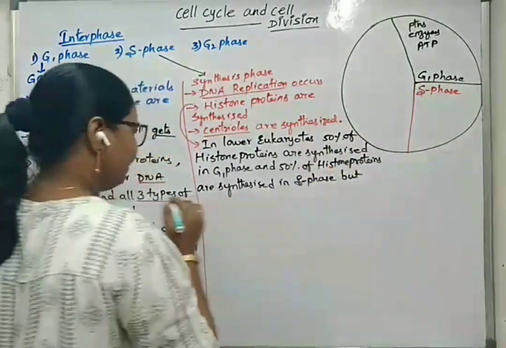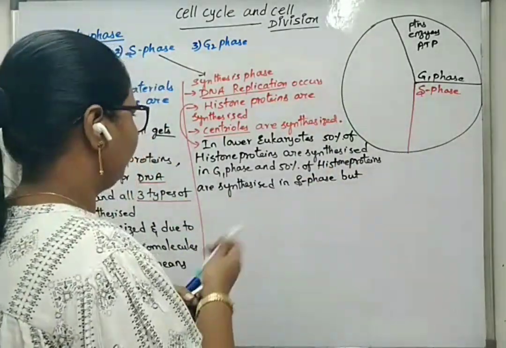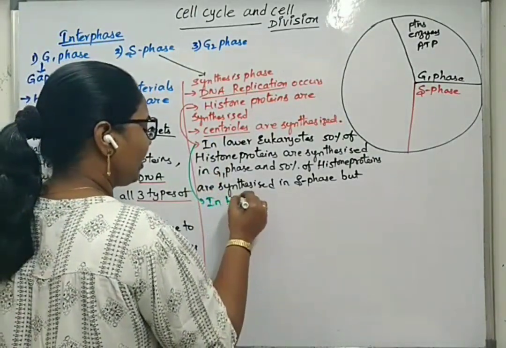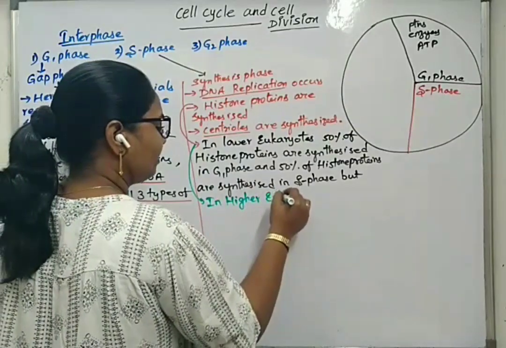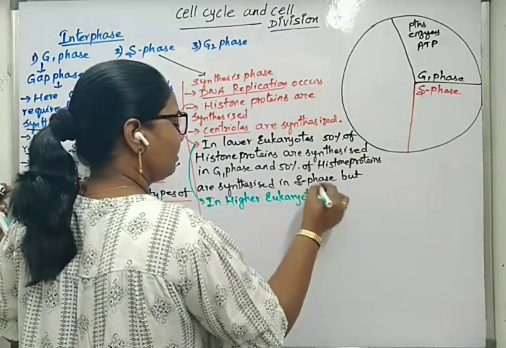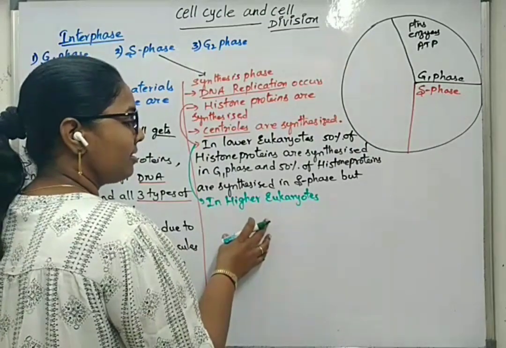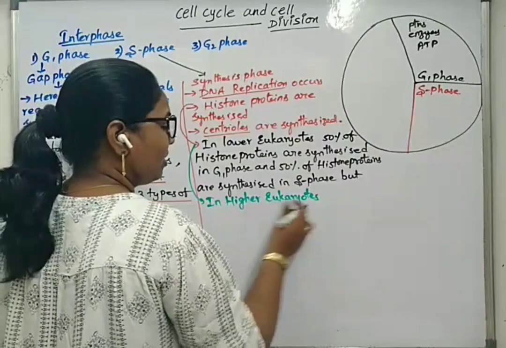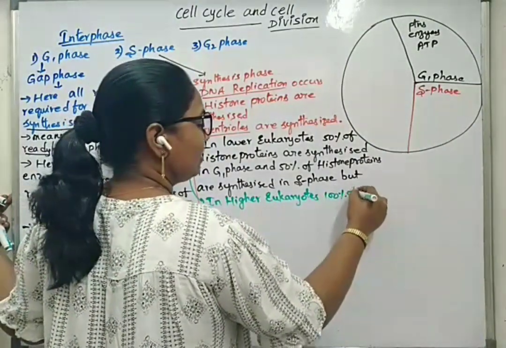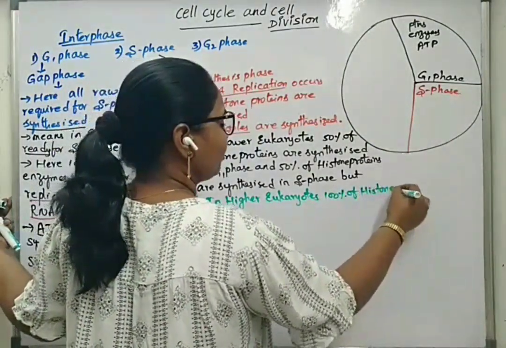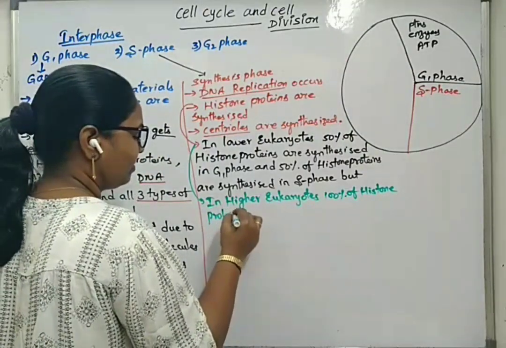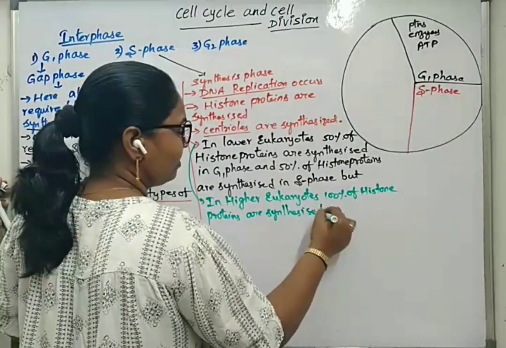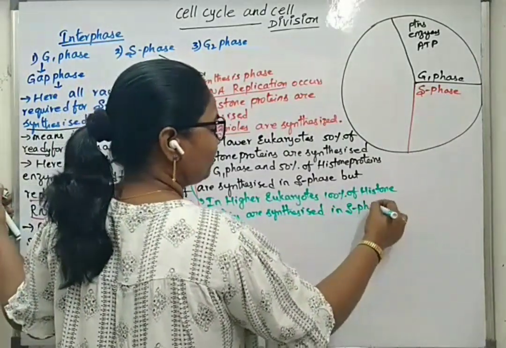But in higher eukaryotes, 100% of histone proteins are synthesized in S phase. You can consider these important sentences as statements, which can be an MCQ.